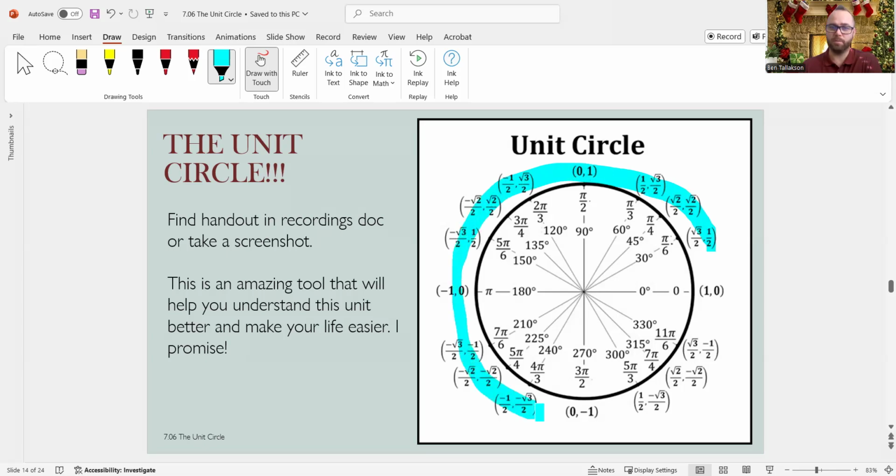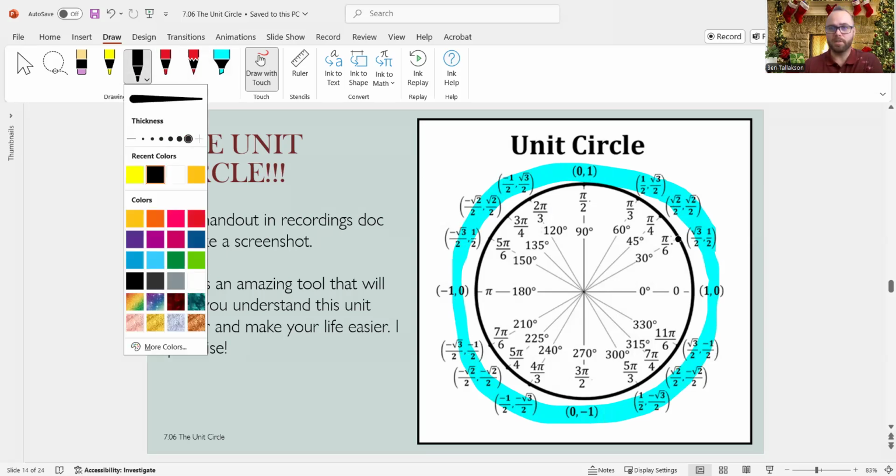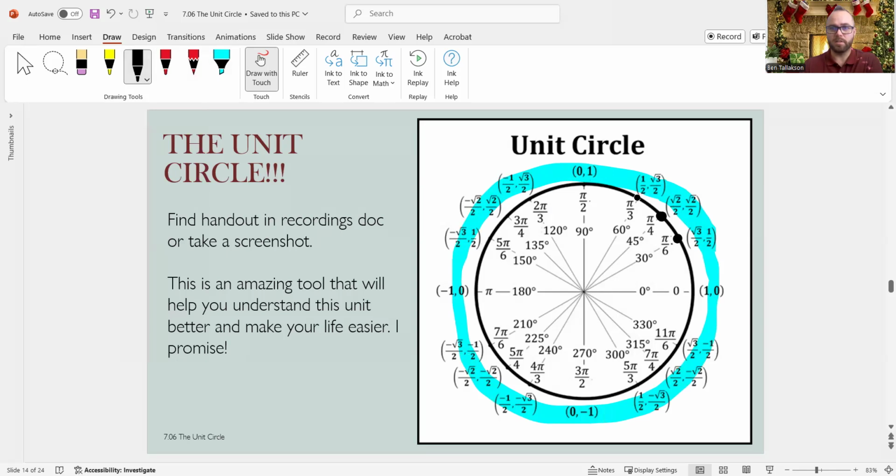What type of information are these values out here? Those are your ordered pairs, right? Of the points of this and this and this. These are your ordered pairs of these points that go around the most popular angles of the unit circle, right? They go all the way around. Okay, let's do another. What information is this?